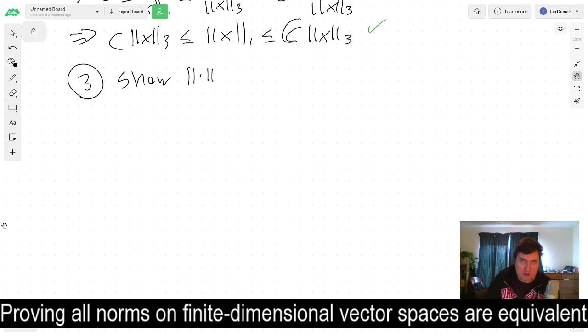All right, so we just want to show that norm 1, which is just any old norm, is continuous under this specific norm 3. So we do actually need the norm 3 specifically.